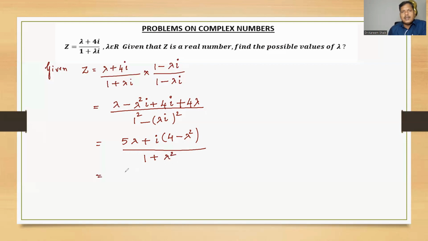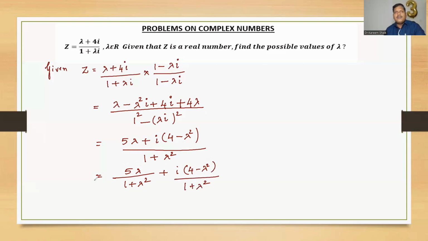Can I write it as 5 lambda upon 1 plus lambda square plus iota times 4 minus lambda square upon 1 plus lambda square.